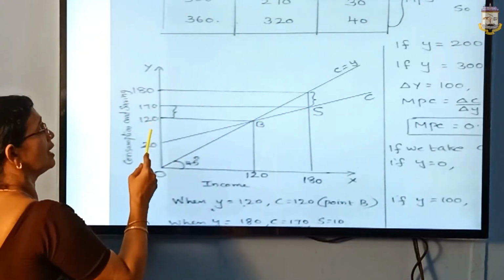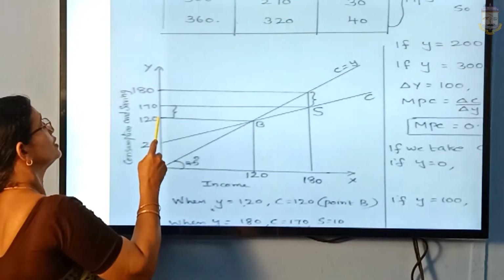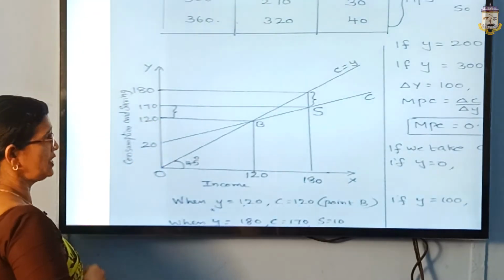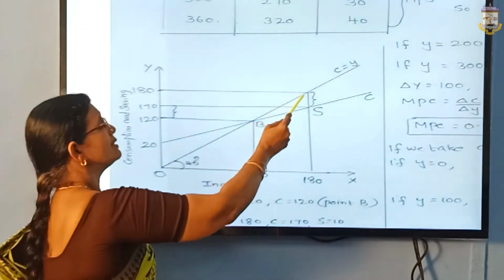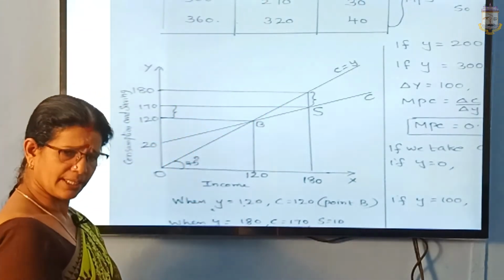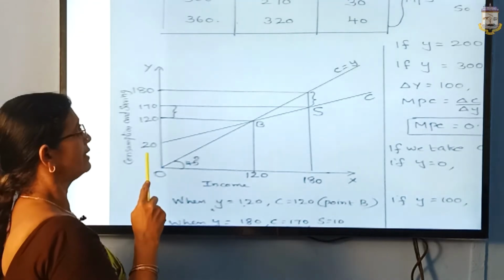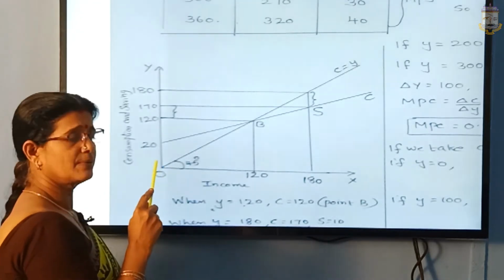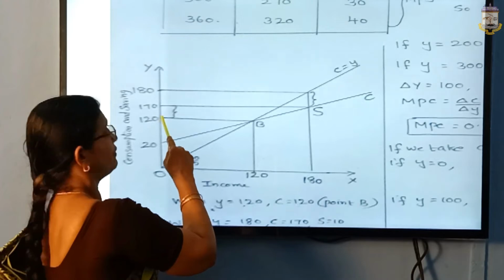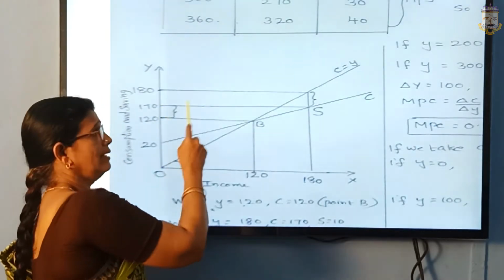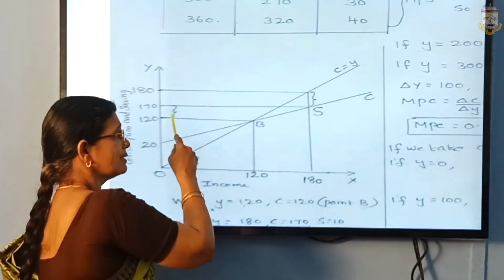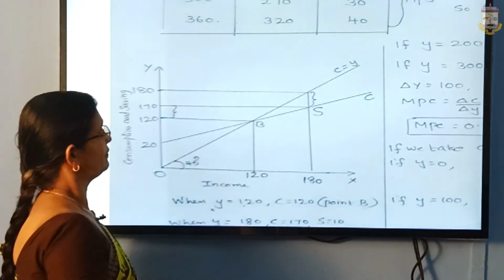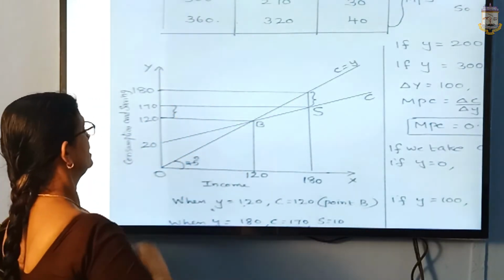And consumption increased from 120 to 170, that is 50. So 50 is consumption and 10 is saving. That is, increased income delta Y, 60, is divided between delta C and delta S: 50 crores on consumption and 10 crores on saving. That is what is shown in this diagram.